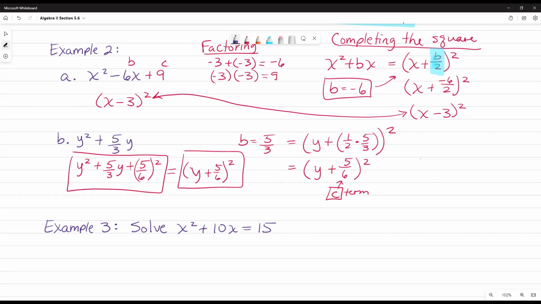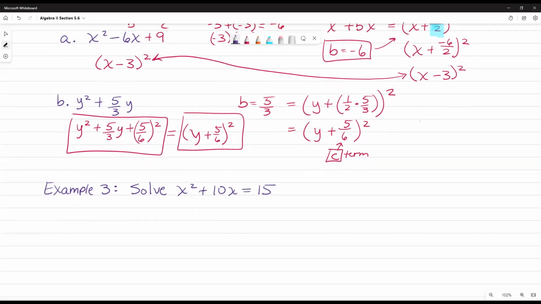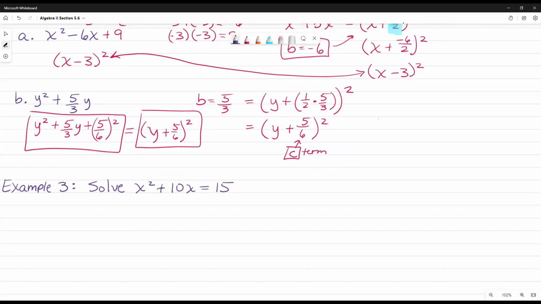So you can't easily find your factor, and it's not a perfect square trinomial. So we turn the x squared plus 10x into a perfect square trinomial. So I won't write this up, but we'll do it this way. Let's see.